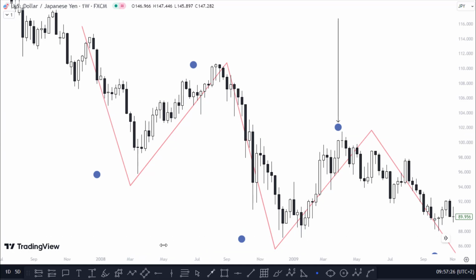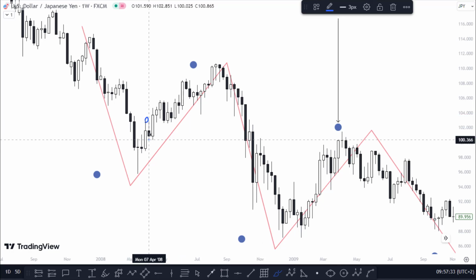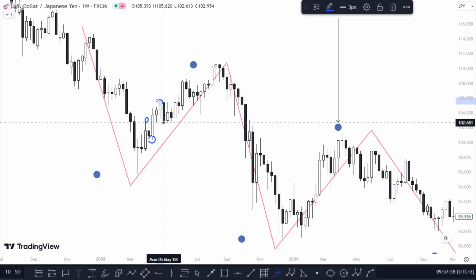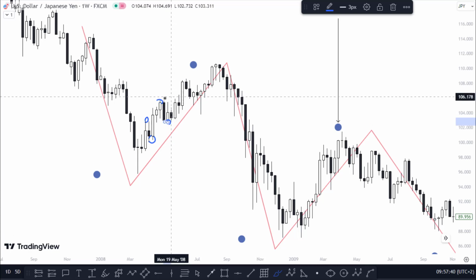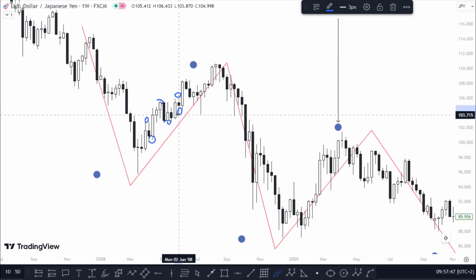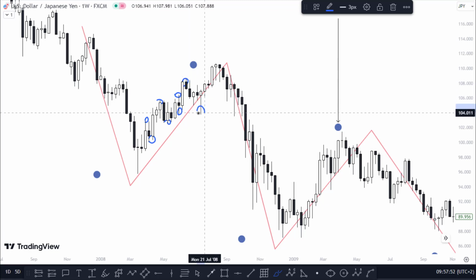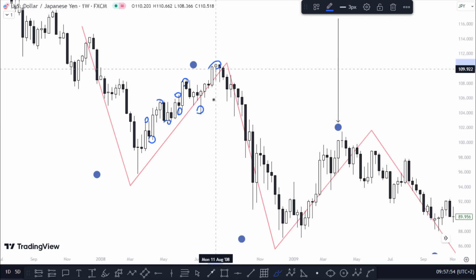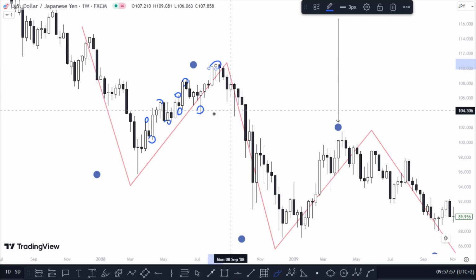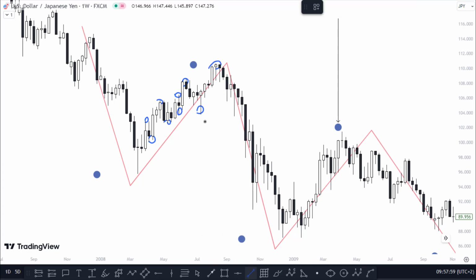Now, starting from here, you can easily see that you have a structure high, you have a structure low, you have a structure high, you have a structure low. So after breaking this structure low, you have a structure high, a structure low, a structure high, a structure low, a structure high, then you've got a break.